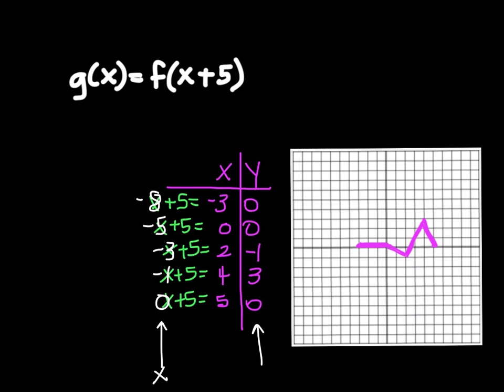So again, this is my new x column. This is still my y column. I'm not affecting my y. So if I were to plot this new guy, I would be at negative 8, 0, negative 5, 0, negative 3, negative 1, negative 1, 4, and 0, 0.